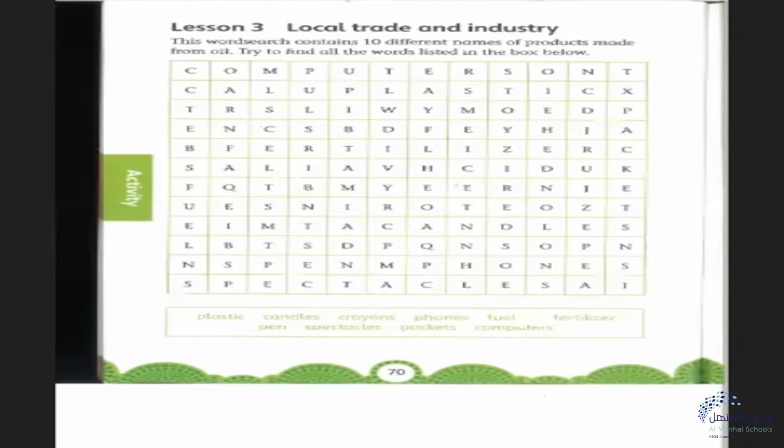You circle the word fertilizer. The 6th, 7th, 8th, 9th row, you can see candles. You circle the word candles. Then the 10th, 11th row, you circle the word phones. The last row, the 12th row, you can see the word spectacles. You circle the word spectacles.